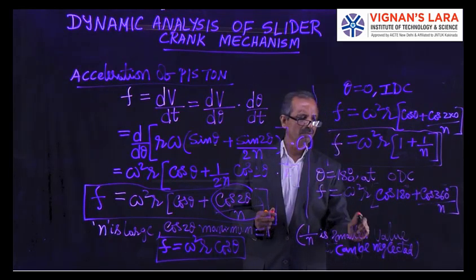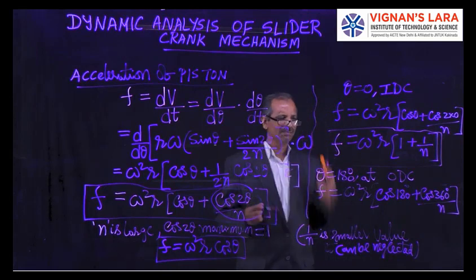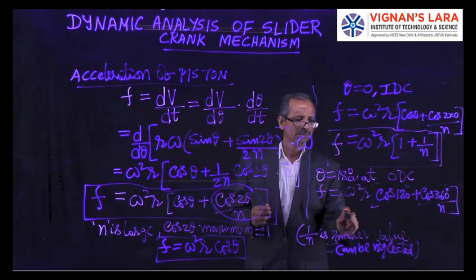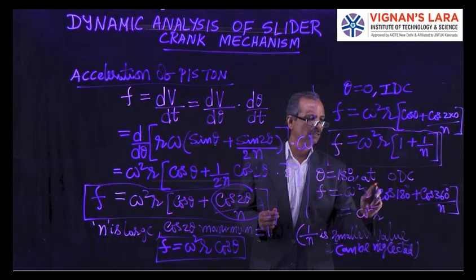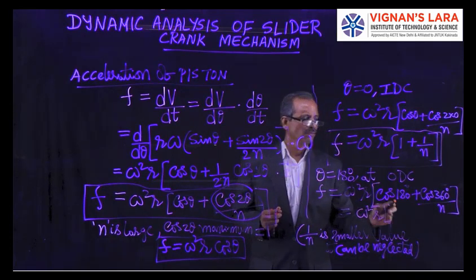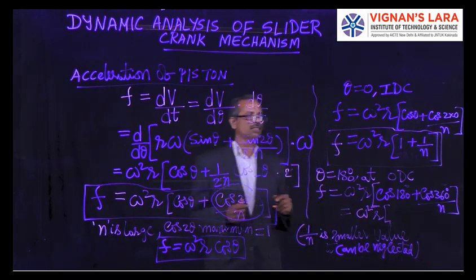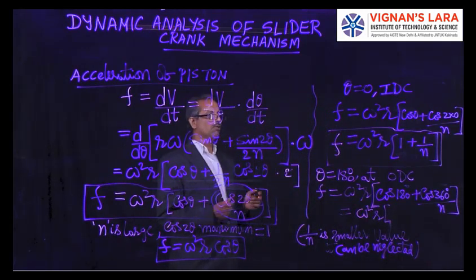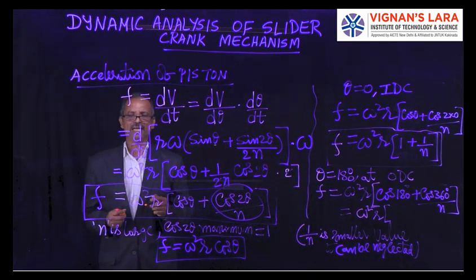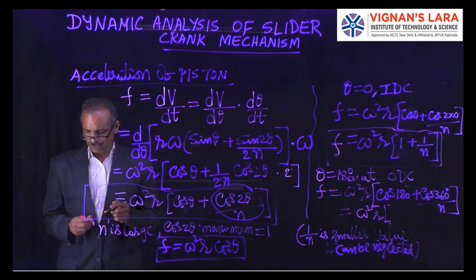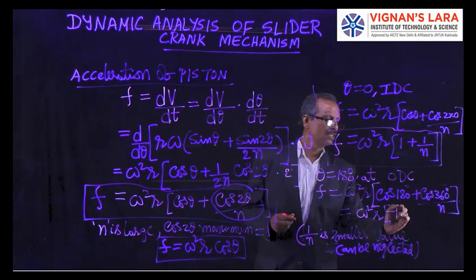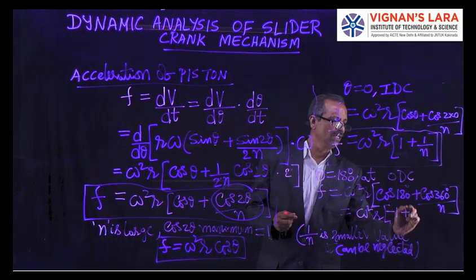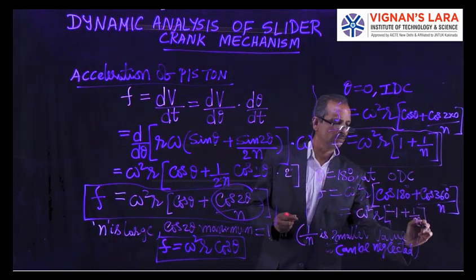Then this becomes omega square r, cos 180, that is in the third quadrant, so cos 180 is minus 1, and cos 360 is 1, by n.